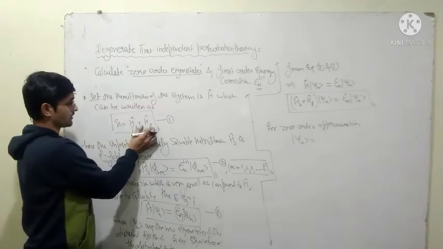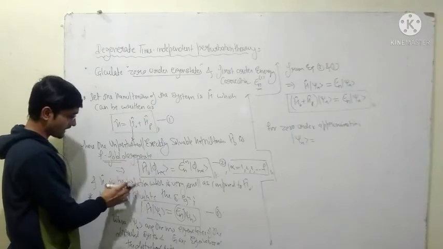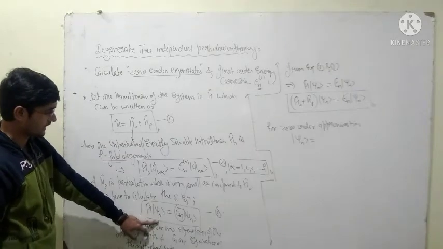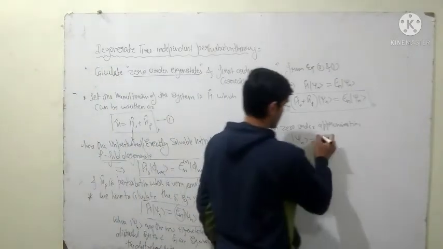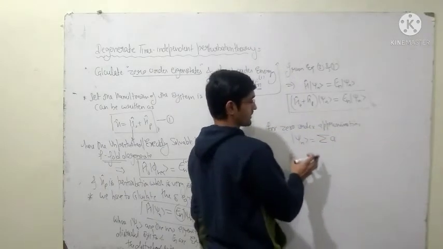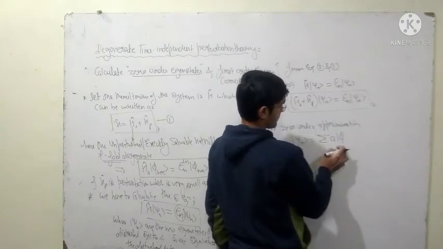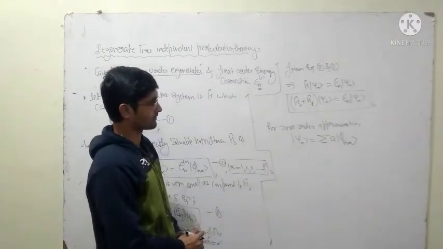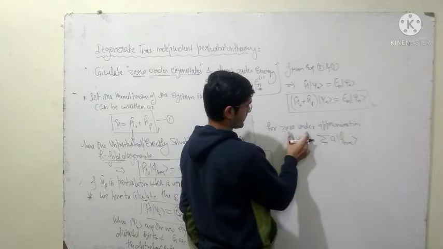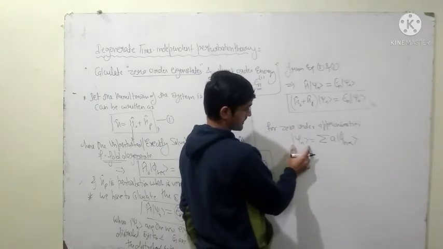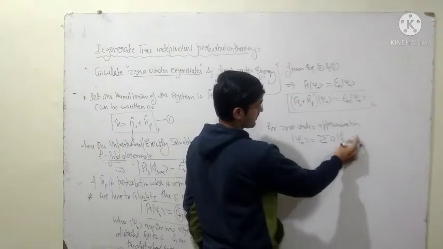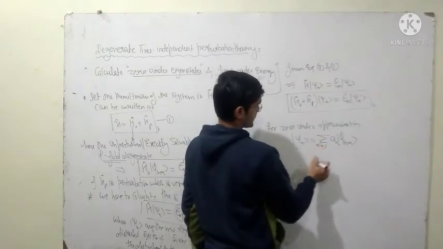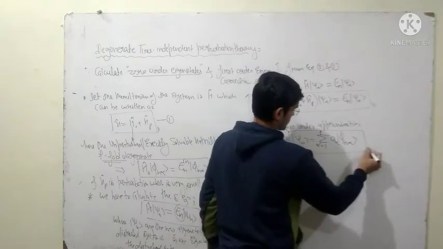So if there is no perturbation, in that case the state of the system will be psi n, and we are assuming that this can be written as a superposition of these degenerate states, where alpha is from 1 to f, all the degenerate cases.